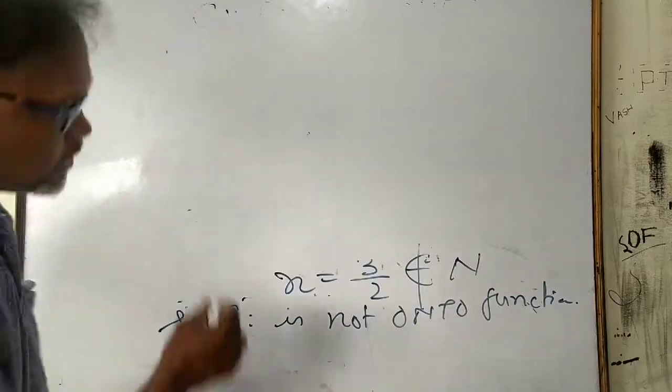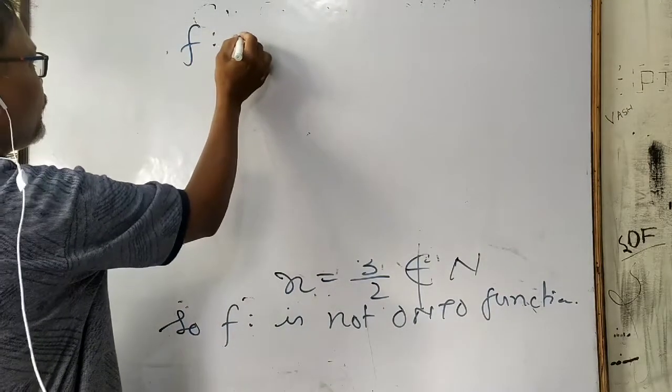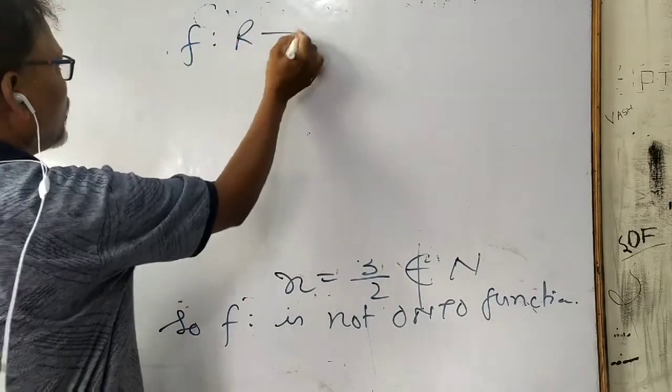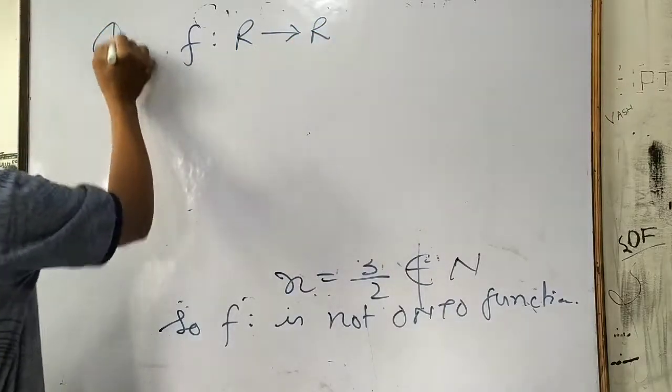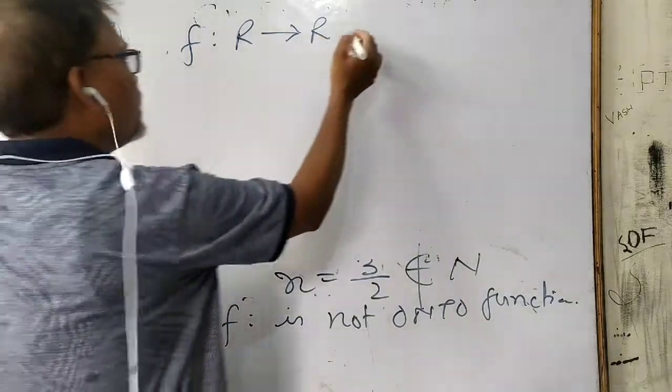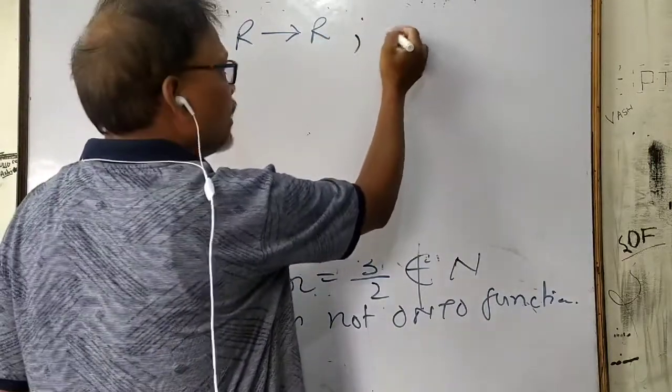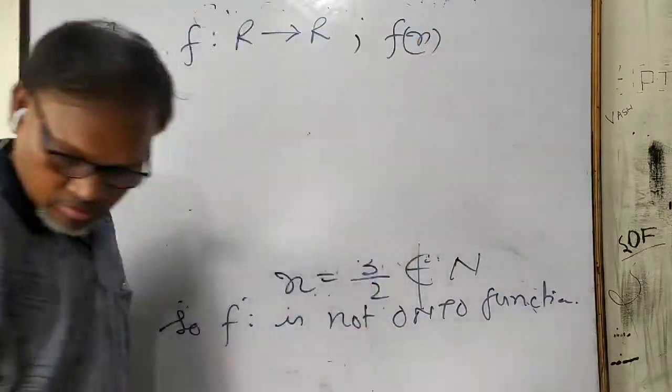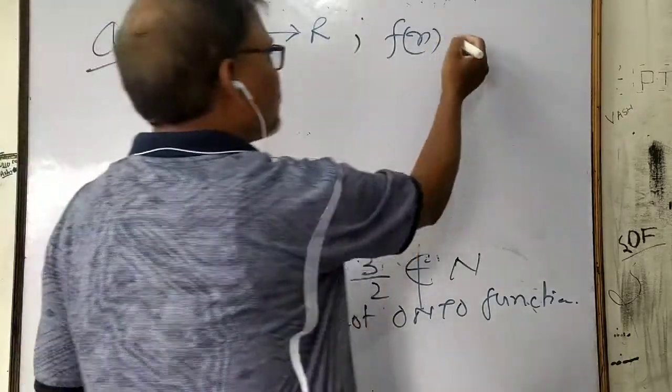The question is: f from R to R is defined by f(x) = 3 - 4x.